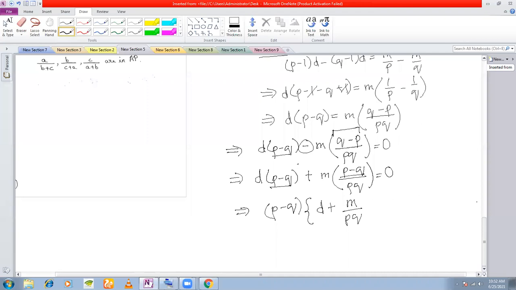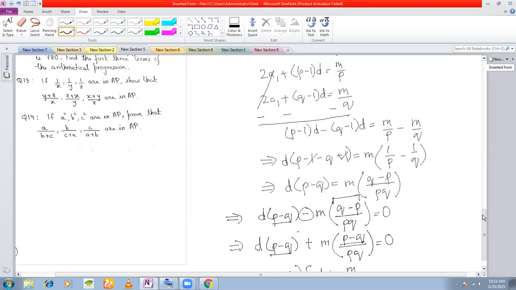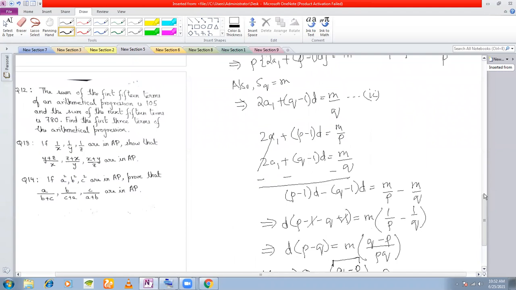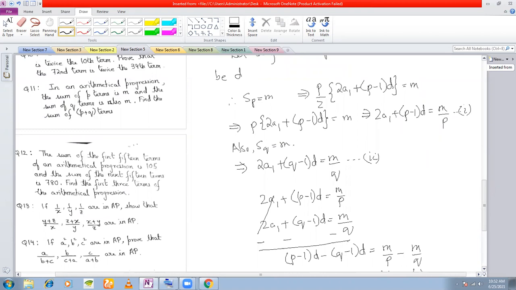In fact, I think I've made a mistake here. This should be, if you cross multiply here in the first equation, you should be getting 2m, right? There's a 2 here.